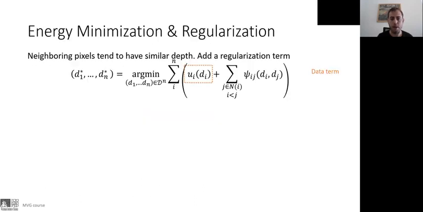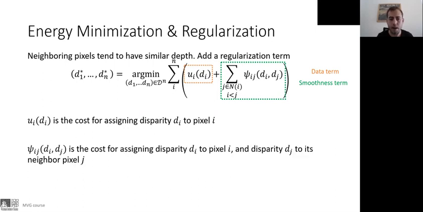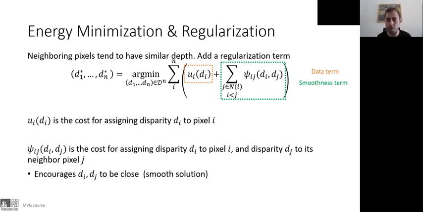For that, we add to the original data term, U_i(d_i), a smoothness term denoted by psi_ij, where again U_i(d_i) is the cost for assigning disparity d_i to pixel i, and psi_ij(d_i, d_j) is the cost for assigning disparity d_i to pixel i and disparity d_j to its neighbor pixel j. We want to encourage d_i and d_j to be close, and that will give us a smooth solution.